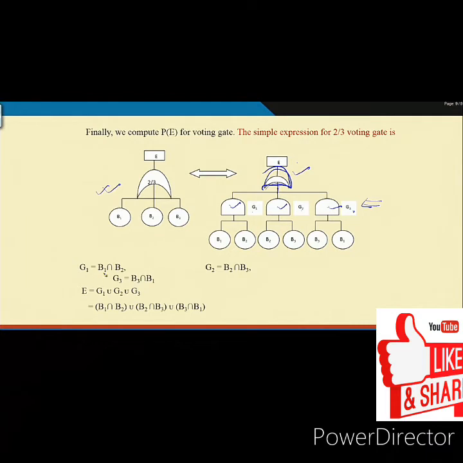The first gates are AND gates: G1 is B1 and B2, G2 is B2 and B3, G3 is B3 and B1. Then E is any one of these, the union G1 union G2 union G3. So G1 is B1 intersection B2, G2 is B2 intersection B3, G3 is this. You do this.